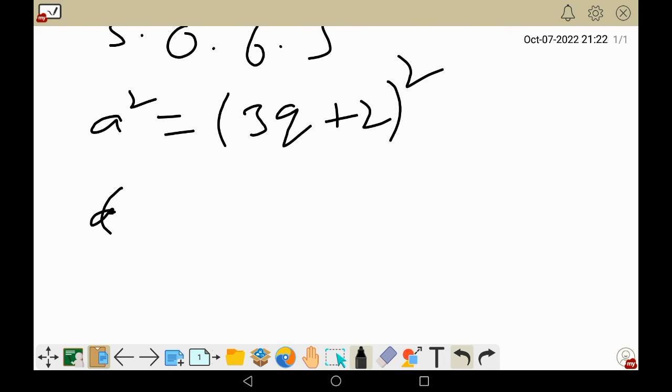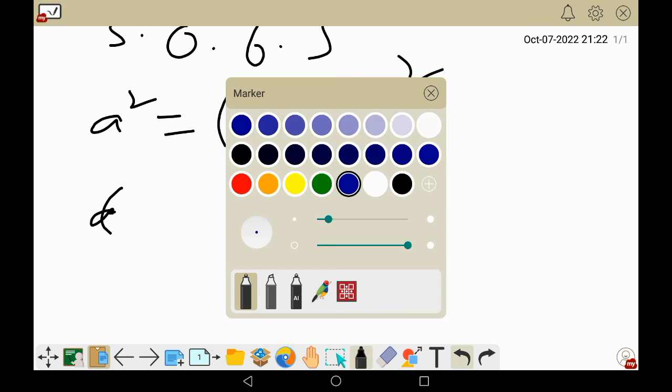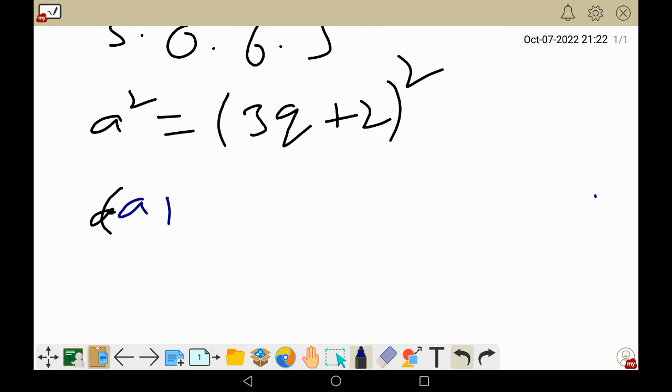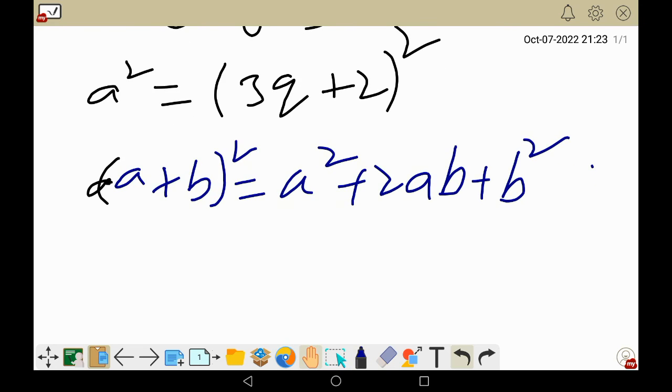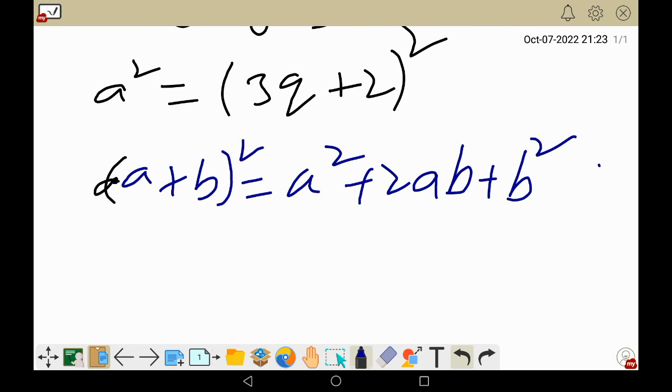Here we apply the A plus B whole square formula: A plus B whole square is equal to A square plus 2AB plus B square. So this is A and this is B.